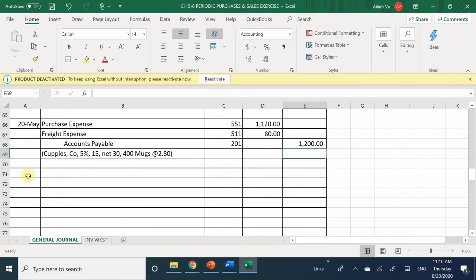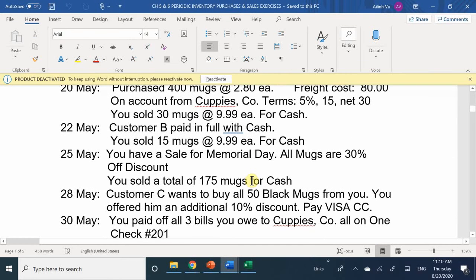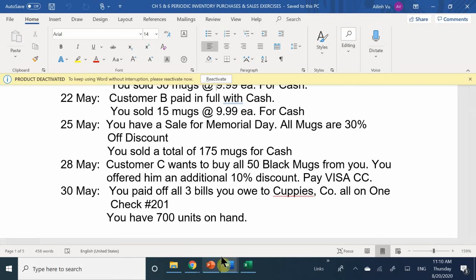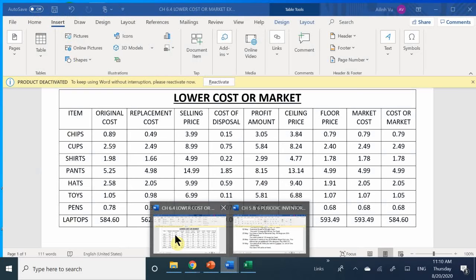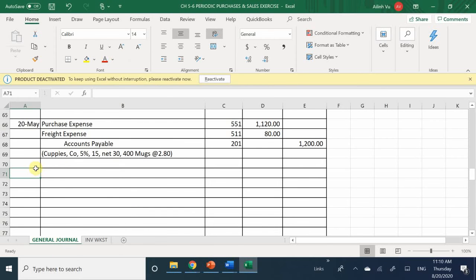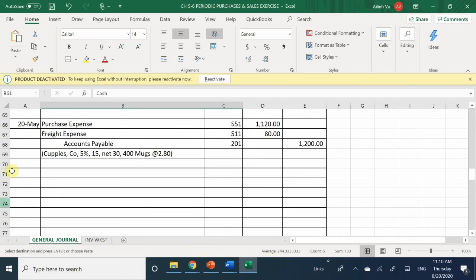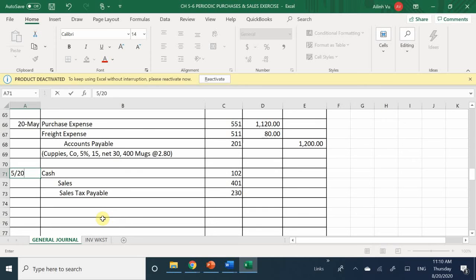All right. So what happened next? Another 30 mugs were sold for cash. So I'm going to journalize what? Cash, sales, and sales tax payable, same as before, for the same day.